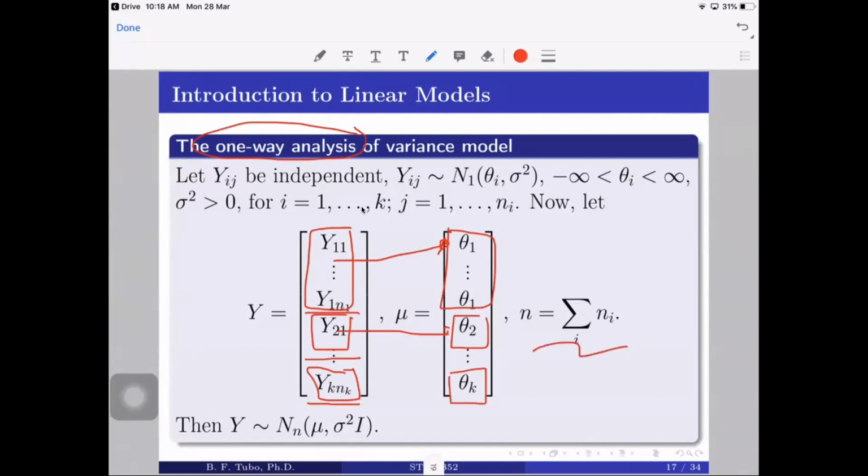And here, the sum of the ni's for each of these, this is n1, n2, and then n3, nk. The sum is equal to n. Your y here is normally distributed.